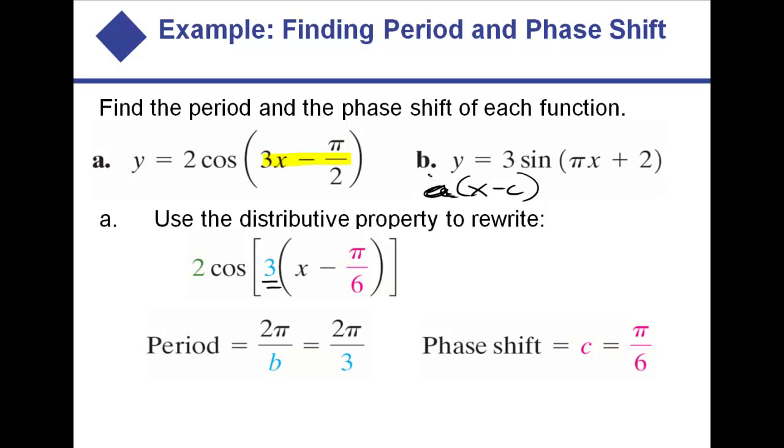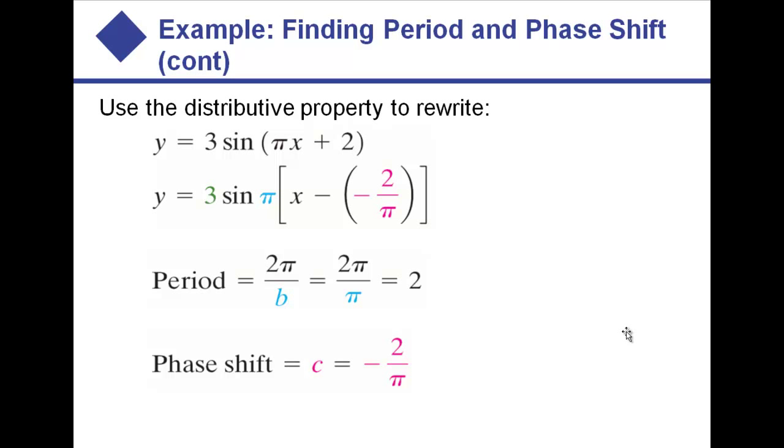Sorry, I should have written this as a b, remember, because this is the b on the inside. So there's my b, there's my x minus c. The a is the thing on the outside, so that's my amplitude. This is now my period changer, right? So 2 pi divided by that gives me my new period of 2/3 pi. And then once I've distributed this out, I can now see that this is c. That's my phase shift.